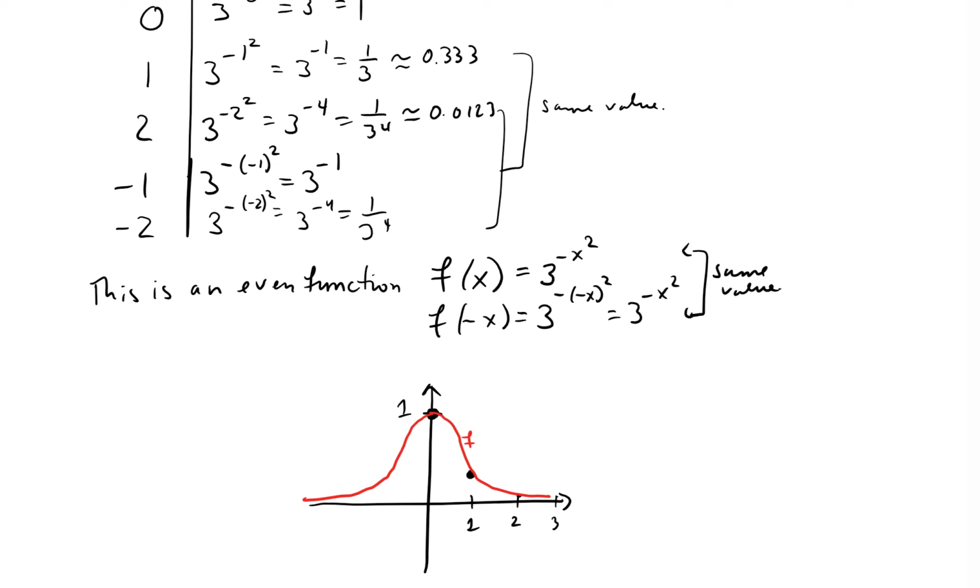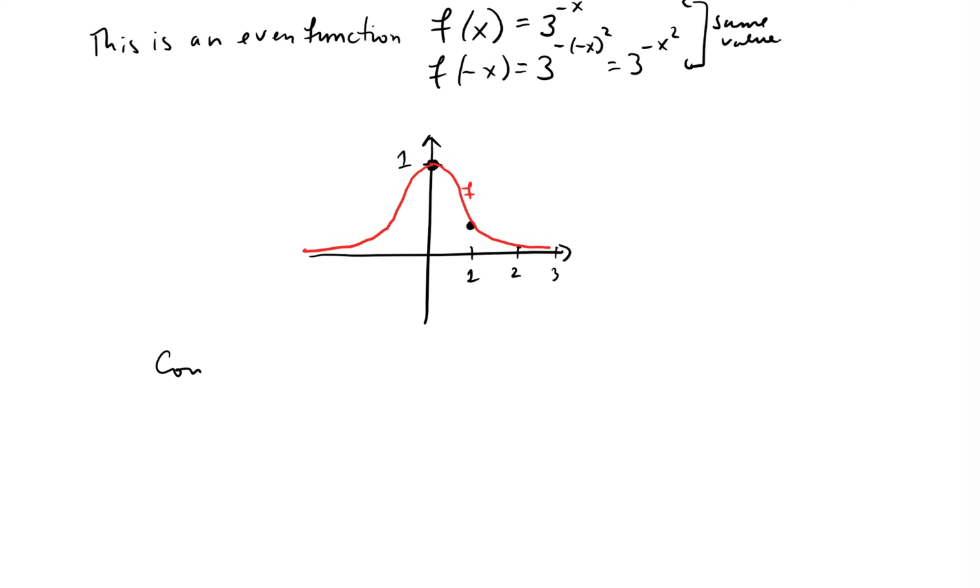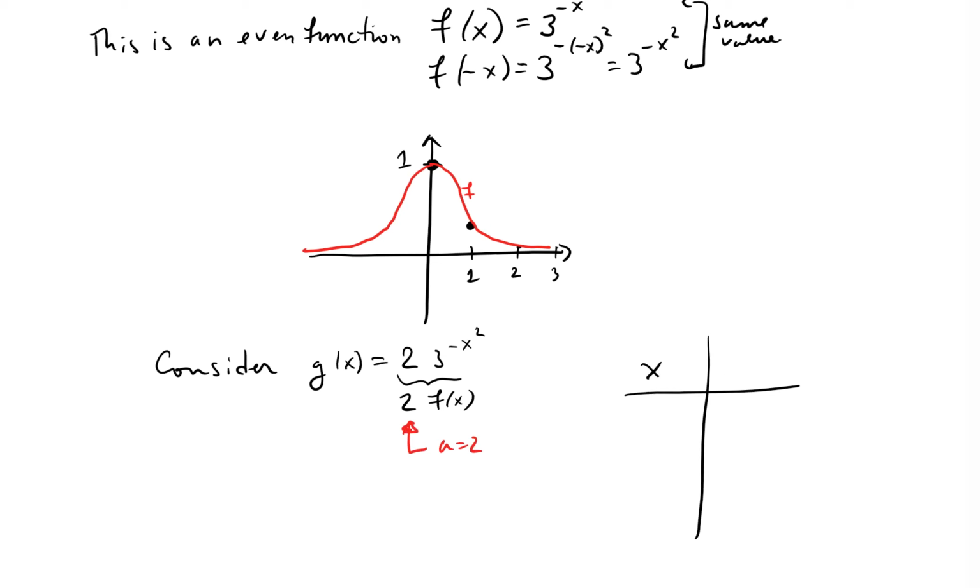Now let's consider some g, where a is, let's say 2, so g is 2 times 3 to the minus x squared. So it's 2 times f of x. Okay, so a is 2 here. So how's the graph of g related to the graph of f? So again, let's create a table in order to sketch the graph of g.